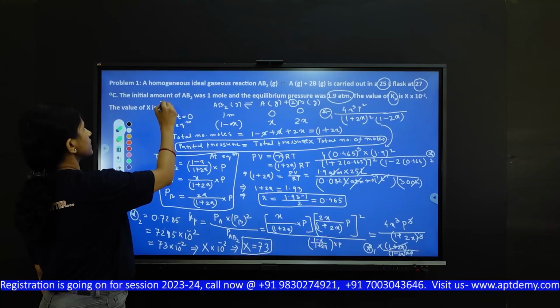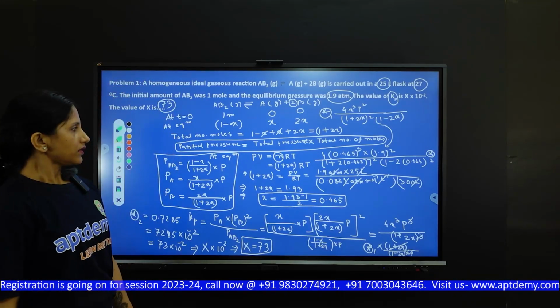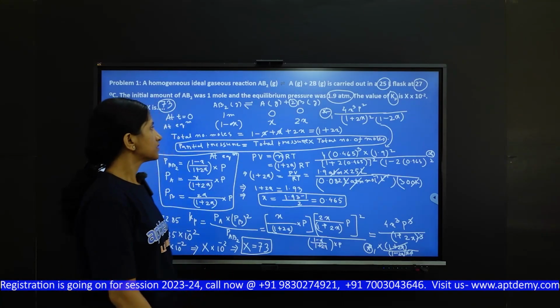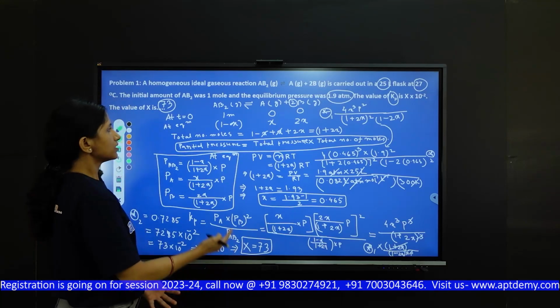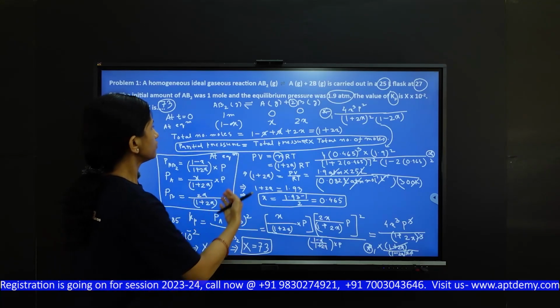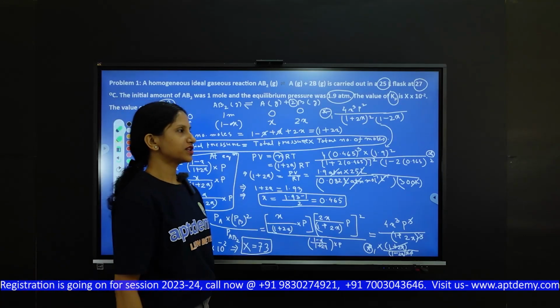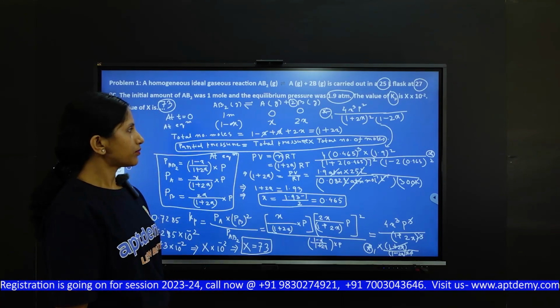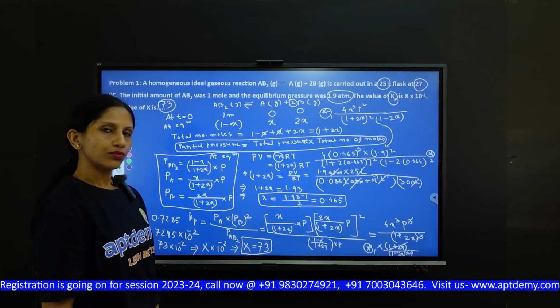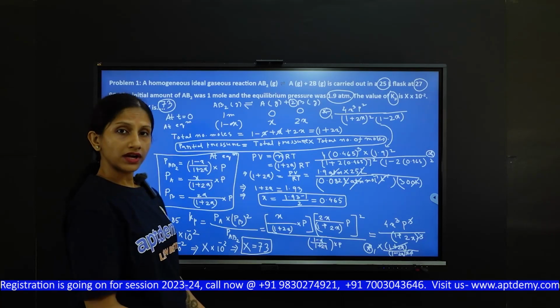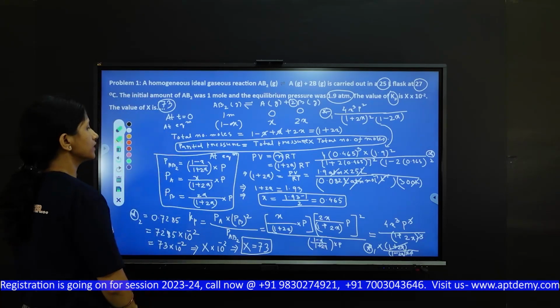So our x is nothing but 73. Very simple. So we just have to understand the concept of equilibrium, calculate the total number of moles and partial pressure expression, write them down in a proper manner, and after putting the values, you will get the right result, very easy.